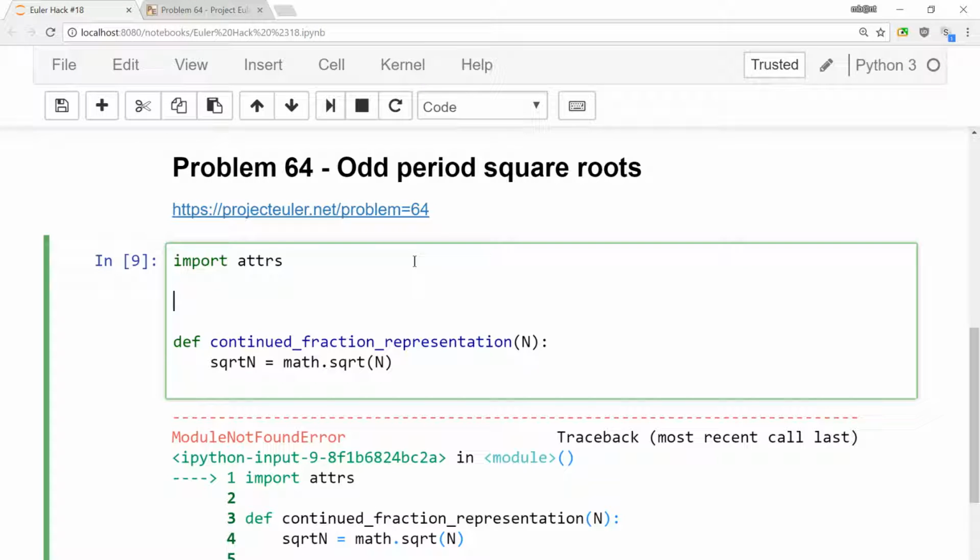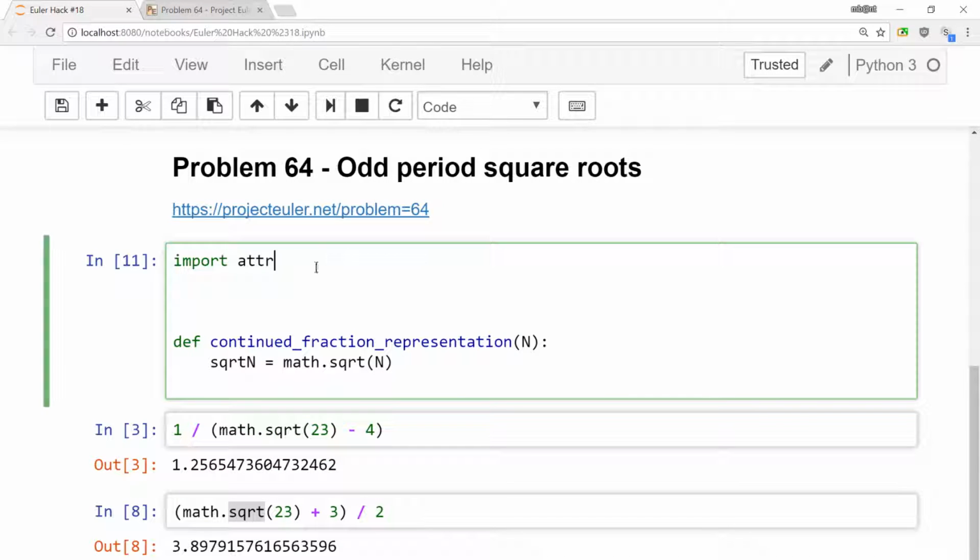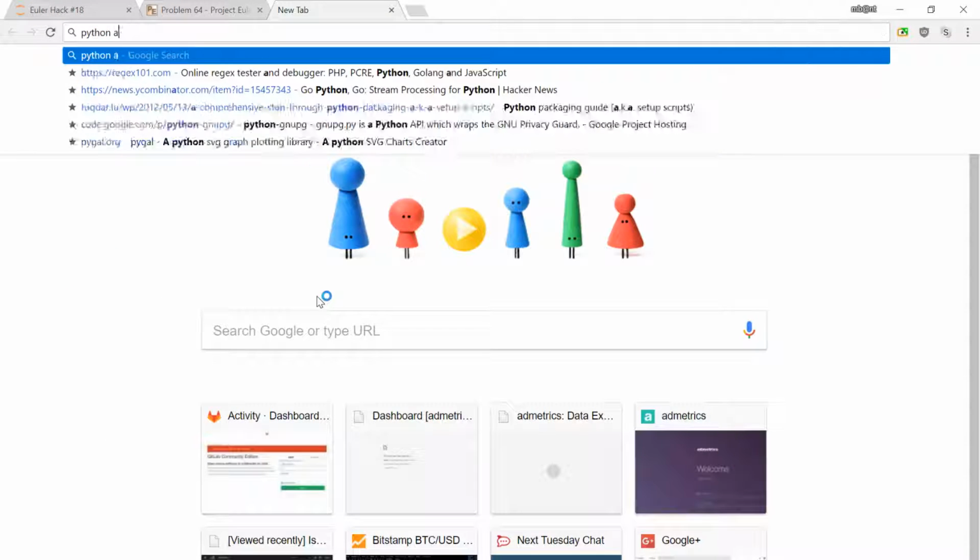Okay, we'll call this, no, still don't get it. Python attrs.